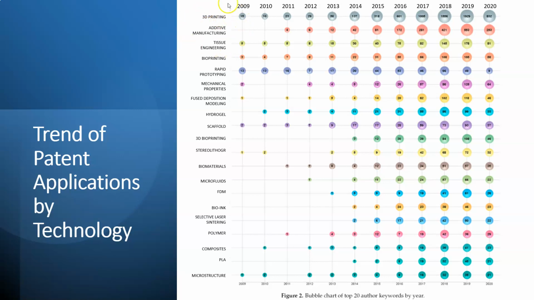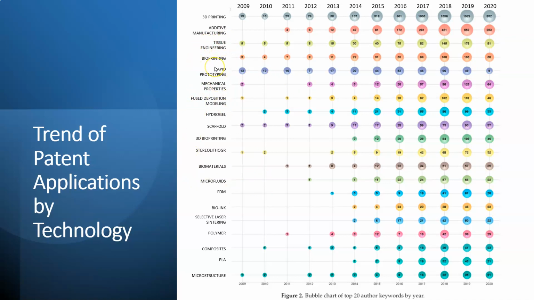So right at the top, we would expect that the broad categories of 3D printing and additive manufacturing have the sizable share, the largest share of patents in their respective technology fields. All right. So we can see all the way out to 2020, there were 832 3D printing patents and 253 additive manufacturing patents. Then we go down this list and you'll see how broad these are.